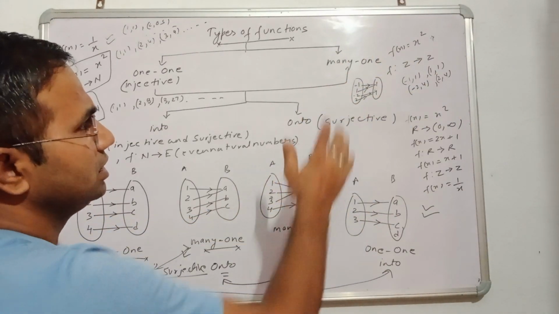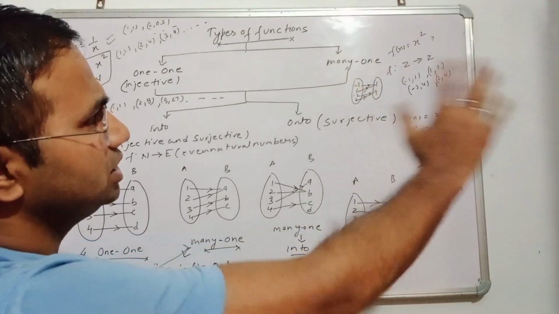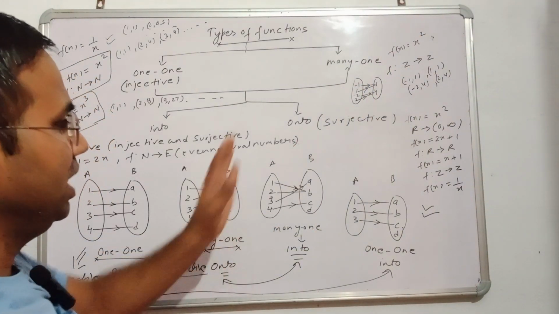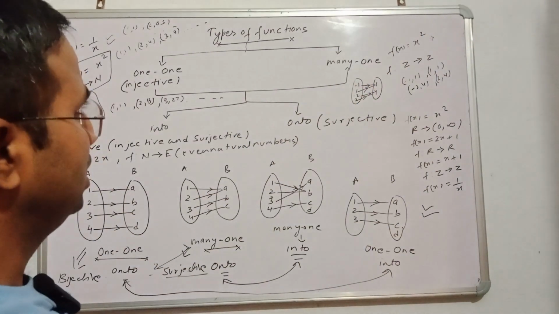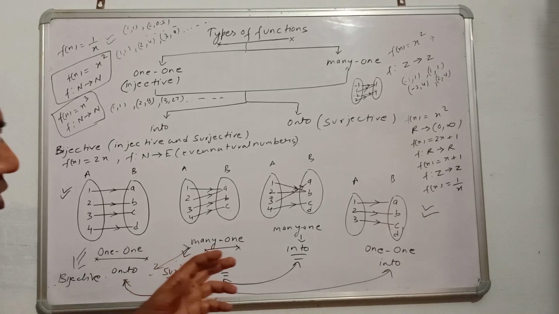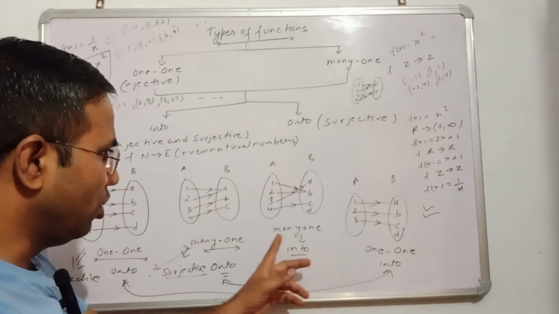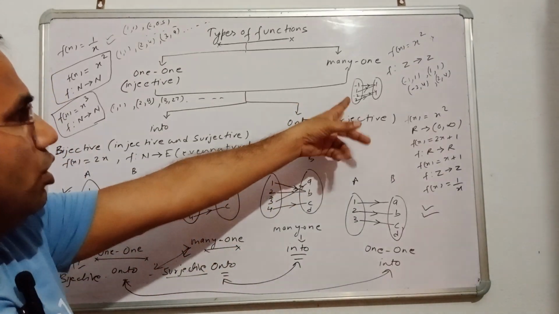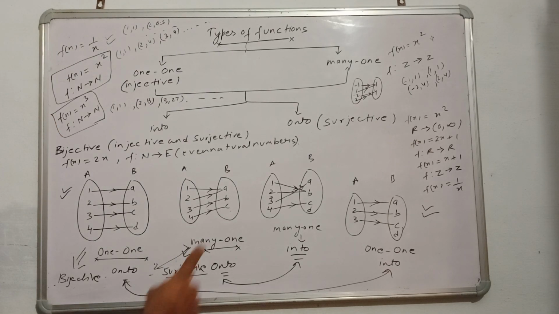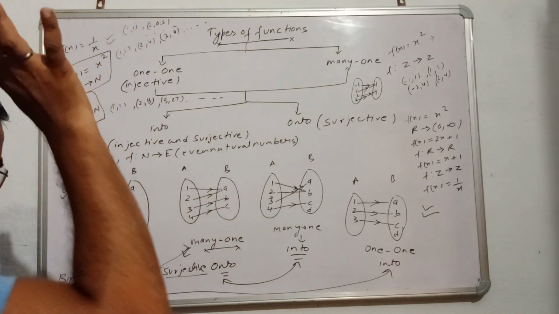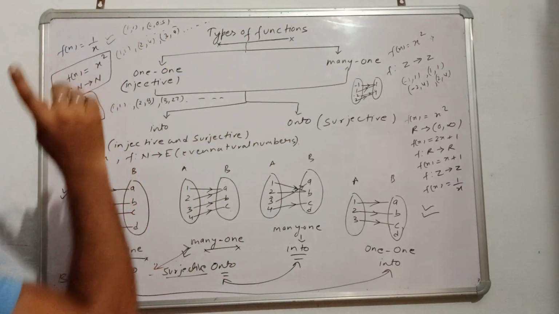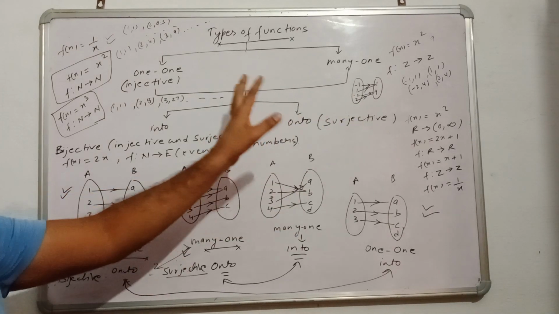So you can see many-one function is showing here. And also it is an onto function, because no element will be left in this. In this also no element will be left. See here, I have written.